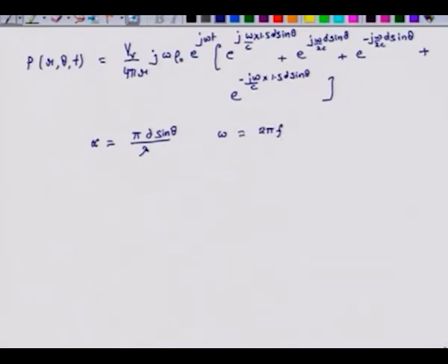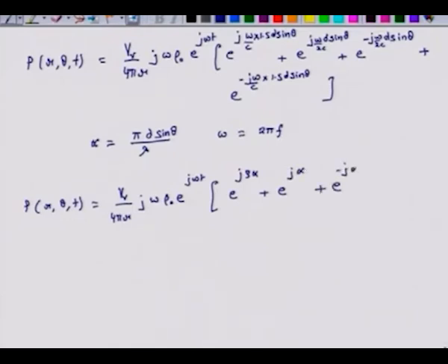So, once I do that, what I get is P, which is a function of r, theta and t, equals V over 4 pi r j omega rho naught e^(j omega t), and in the parenthesis I get e^(j 3 alpha) plus e^(j alpha) plus e^(minus j alpha) plus e^(minus j 3 alpha), where alpha equals pi d sin theta divided by lambda.